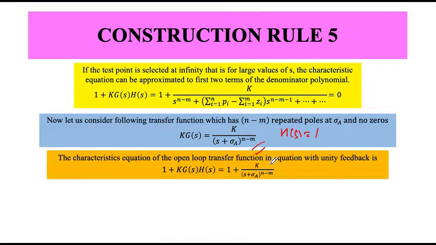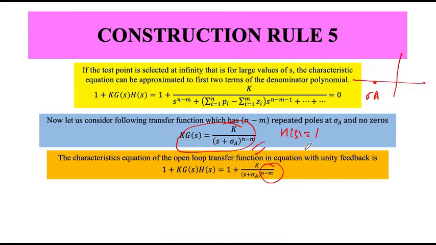So the root locus of this open loop function, where Hs is equal to 1, starts at some point sigma a, and all of them go to infinity, n minus m branches.